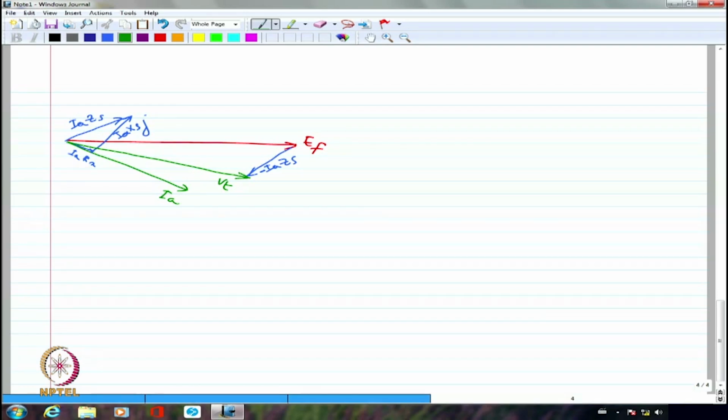Please note that Vt lags behind and this angle is delta. Normally all the books specify this angle as delta. So, Ef corresponds to the induced EMF corresponding to your revolving magnetic field created by the rotor. Vt is the resultant magnetic field's overall induced EMF minus whatever is the drop. And you are looking at the whole thing as the phasor diagram for the generator.